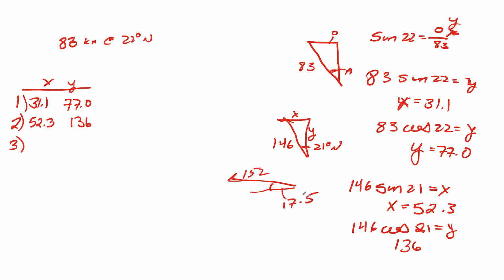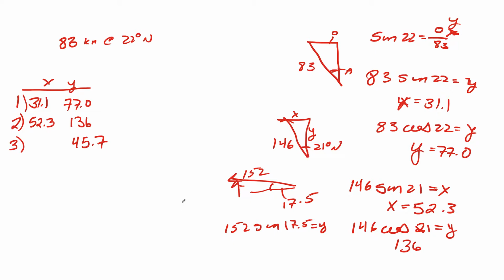You should get the idea now. 152 times the sine of 17.5 will actually give me the y direction, because this is the opposite now going up, and the adjacent is on the side. So 152 times the sine of 17.5 is going to give me the y, which is 45.7.